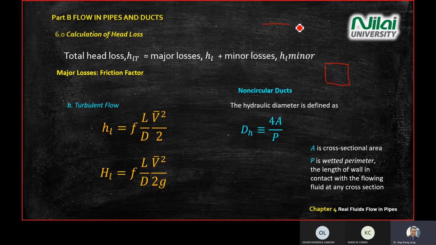The cross section is a square, and let's say it is 2 meter by 4 meter. What is the area? What is the cross-section area of this duct?